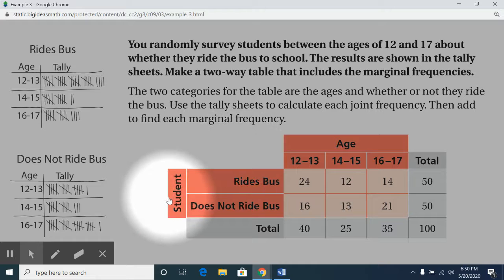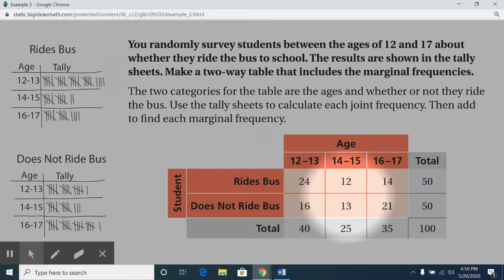And then on the rows, they used students that ride the bus and do not ride the bus. Okay? And they used the tally marks from their results to make these joint frequencies in the middle. Okay? And at the end, they simply added the columns and they added the rows to get their totals and to get their marginal frequencies.